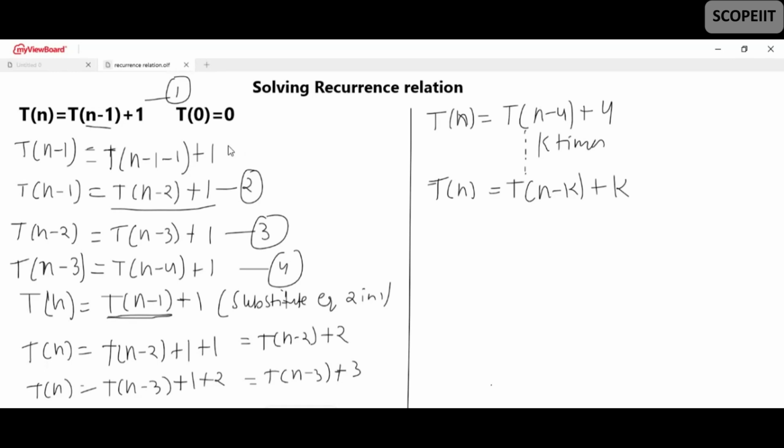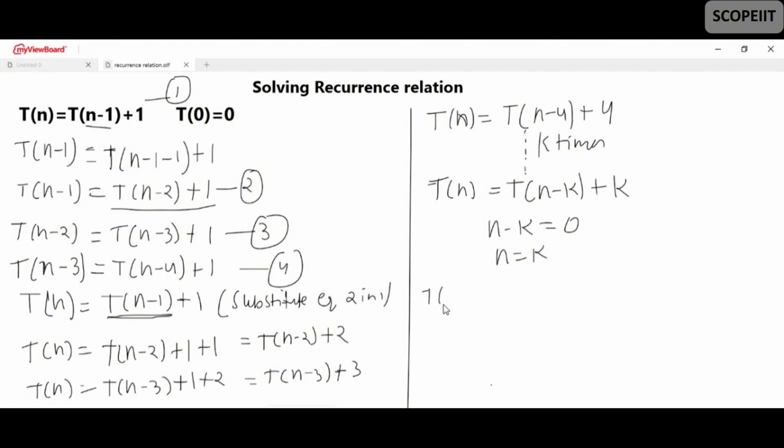Now, the initial condition they have given is T of 0, so in the bracket you have 0. In that case, n minus k is equal to 0. So can I say n is equal to k? Yes, it goes to that side and becomes plus, so n is equal to k.